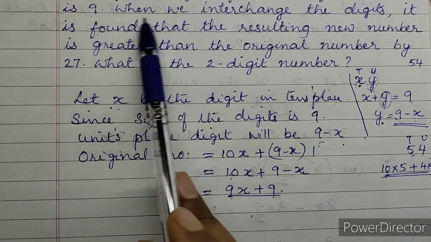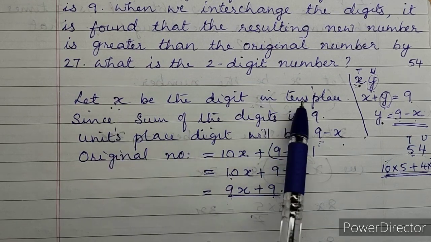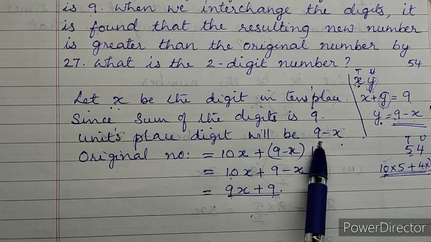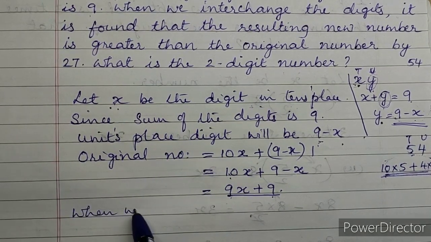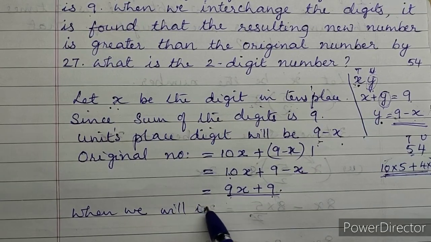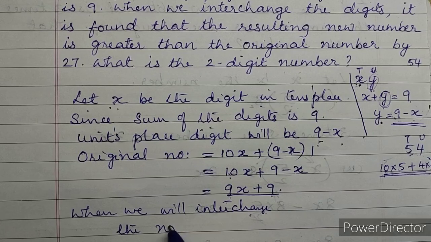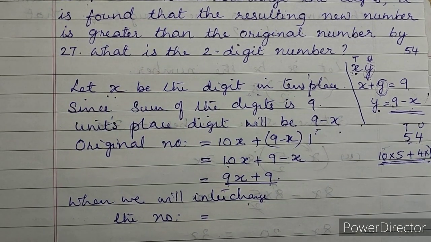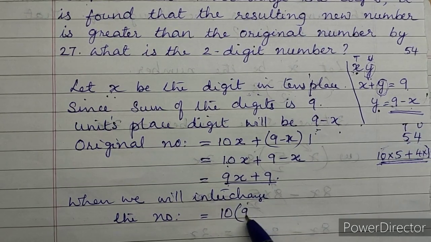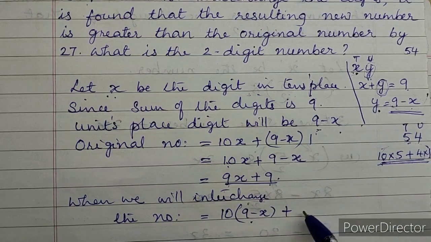What is the question? When we interchange the digits, so interchange the digit. X will come in units place and 9 minus x will come in tens place. So when interchanged, after interchanging, what is the number? 10 into 9 minus x you should write, because 9 minus x is in tens position and x is in units position, x into 1.